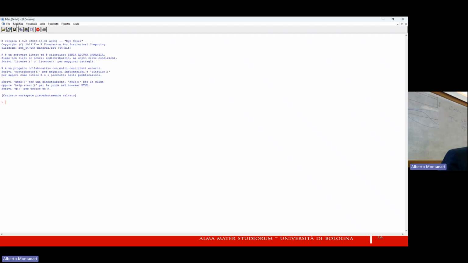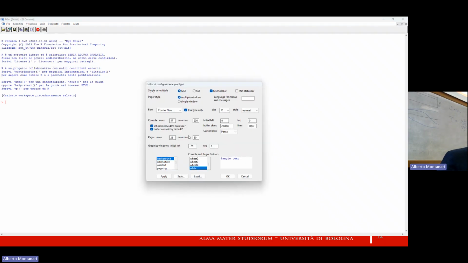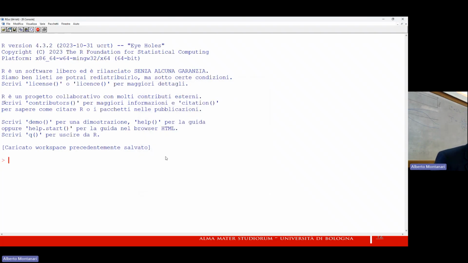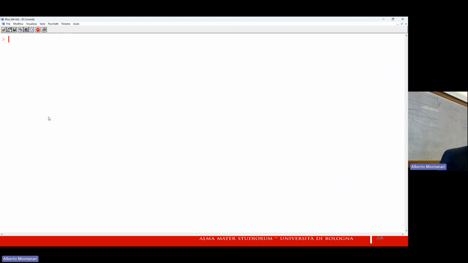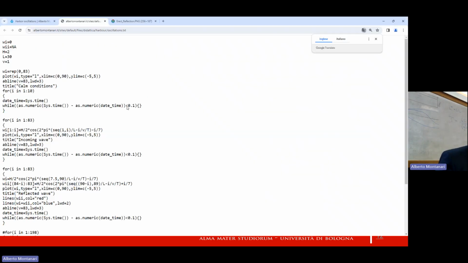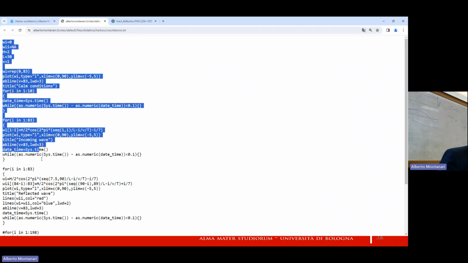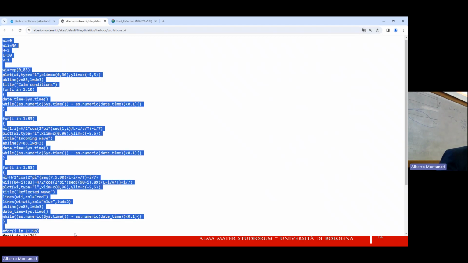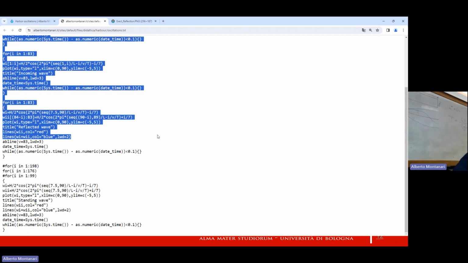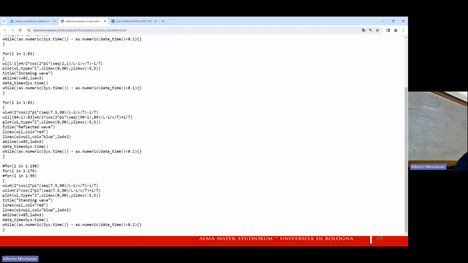Let me change the font. Okay, I clear the screen. So let me get the code here. So this is basically a code. Let me try to cut and paste it first of all, and let me just see. The plot, okay, reflected wave, okay.